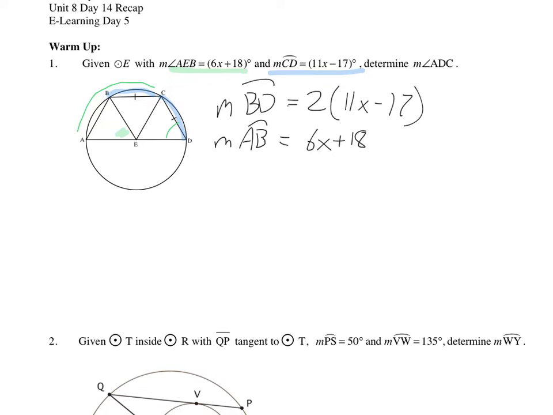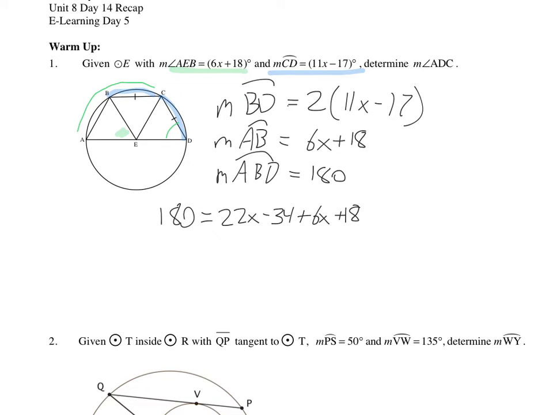So then let's find x. So we know that ABD equals 180 degrees. So we set up this equation, and we get 22x minus 34 plus 6x plus 18. Solving for x, we get 180, 28x, and minus.